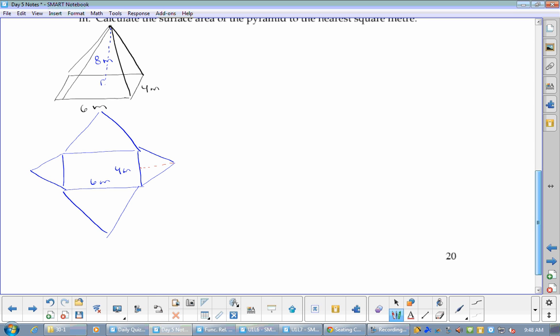I can't, I don't know them, do I? But I just want you to come back to here. I want you to look at this. This is your slant height, correct? We can call that S1. What is S1?